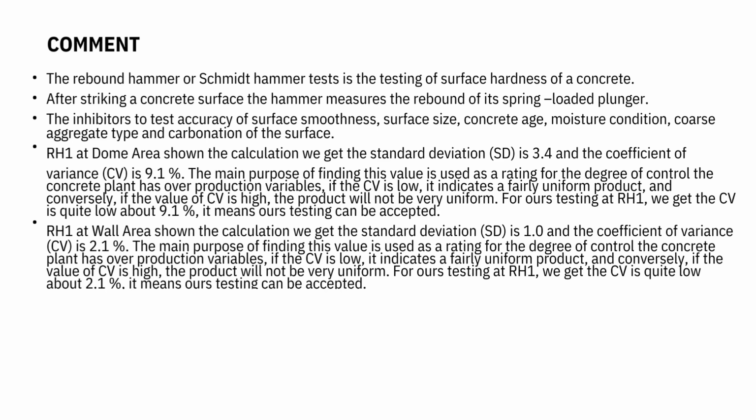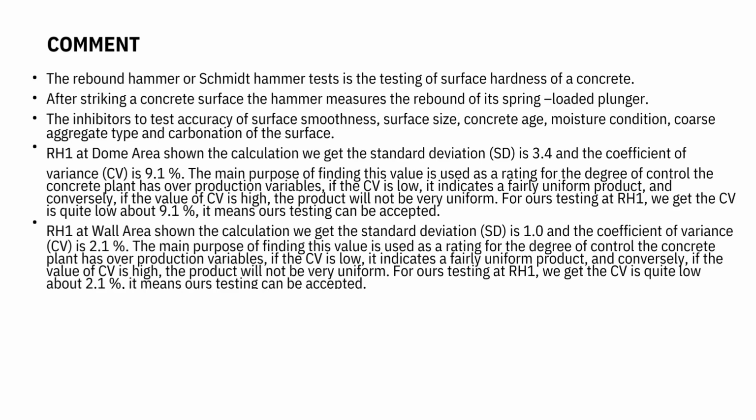So RH1, which is our rebound hammer one at the wall area, shows the calculation, and we get the standard deviation and the coefficient of variance CV of 2.1%. The main purpose of finding this value is to indicate the degree of control of the concrete plants over production variables.